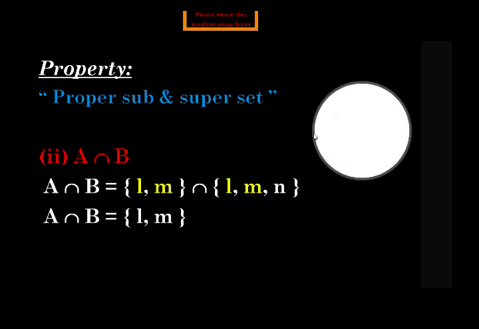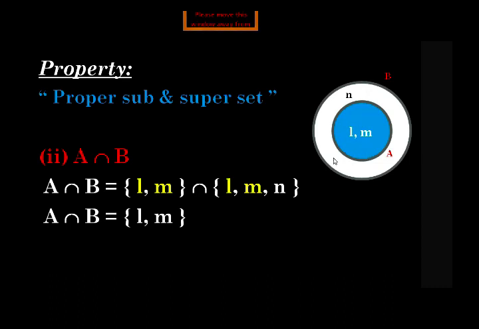First we draw the circle of the superset, and then the circle of the subset. The superset represents set B and the subset represents set A. The common elements are L and M, and the remaining element we write in the superset, and the remaining element is N.